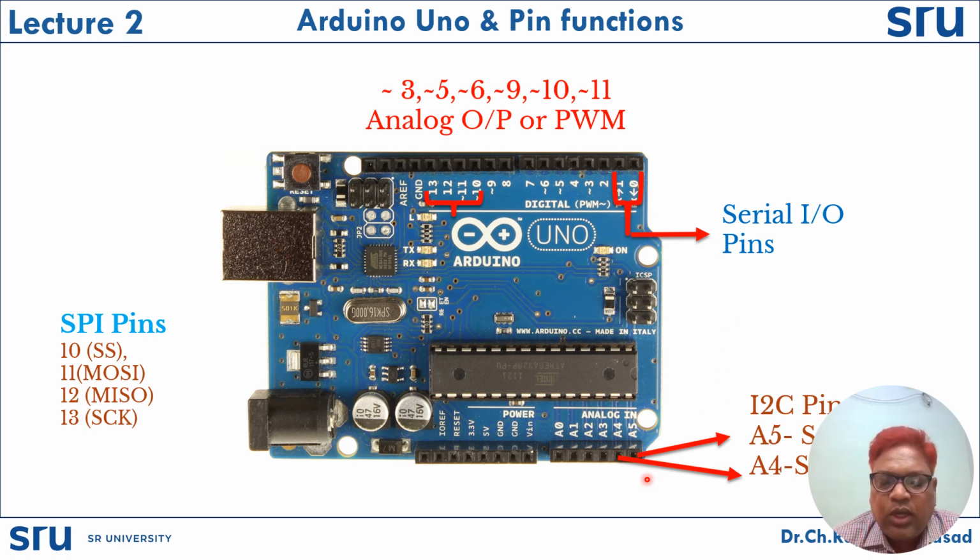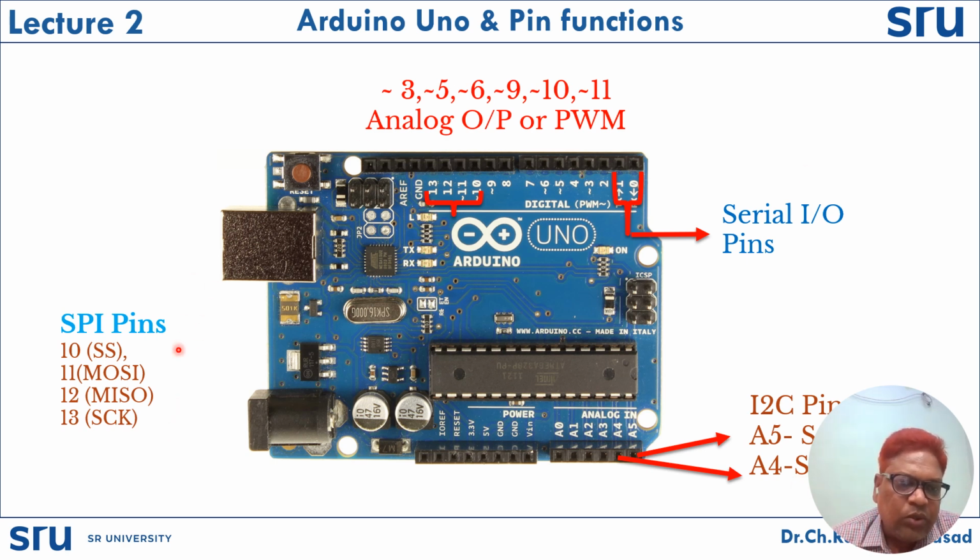And coming to another serial communication port, this is I2C. I2C stands for Inter-Integrated Circuit, which has 2 pins, A5 and A4 of Arduino. A5 represents SCL, serial clock, and A4 represents SDA.